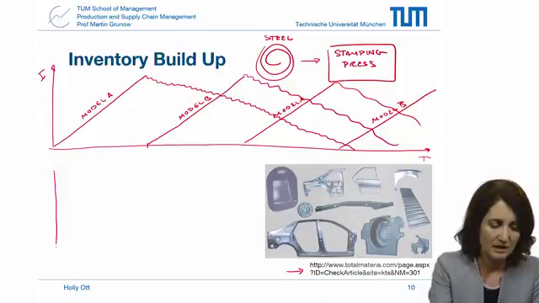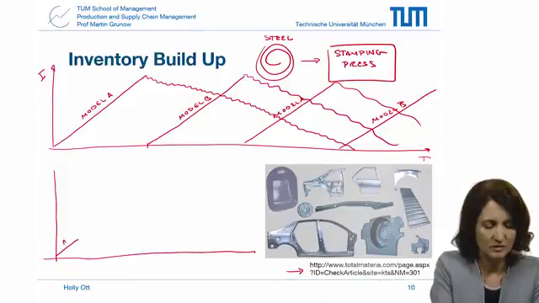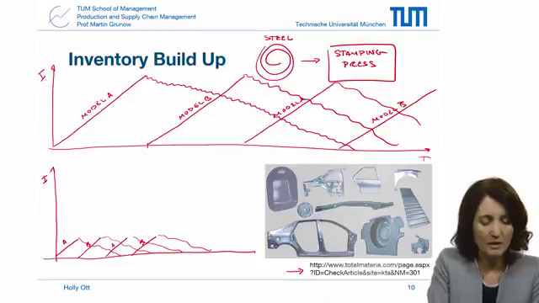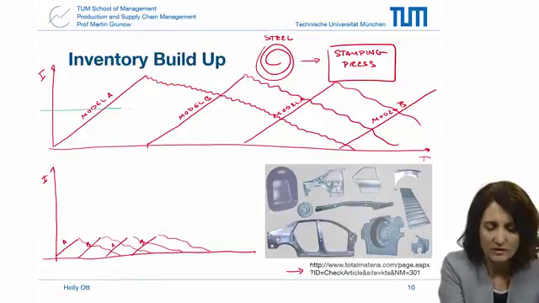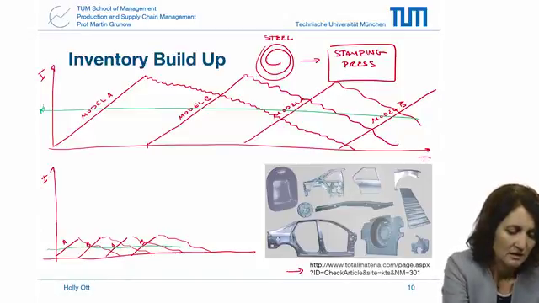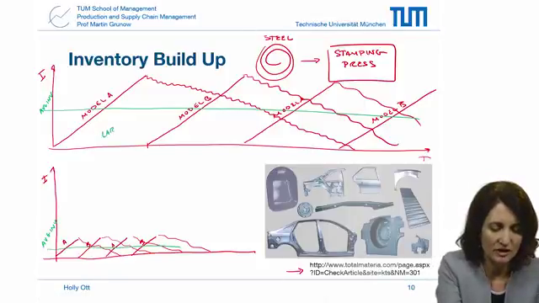Now, if you decide that you can use a smaller batch, you produce model A, and then you produce model B, and then model A, and then model B, and this will still get used up, possibly at a slower rate, but your average inventory for your car parts is going to be much lower than the average inventory, maybe I should change my color here, with a large batch.